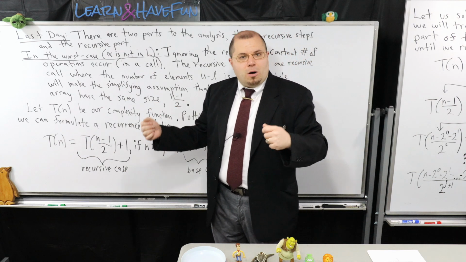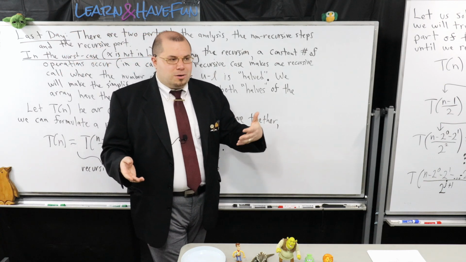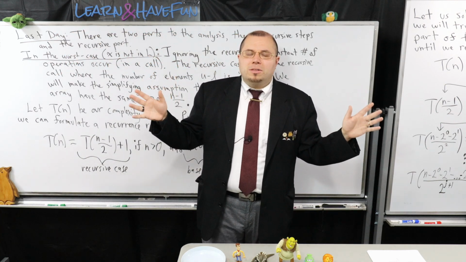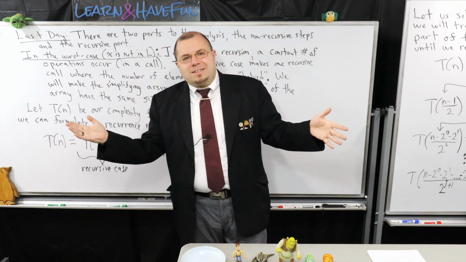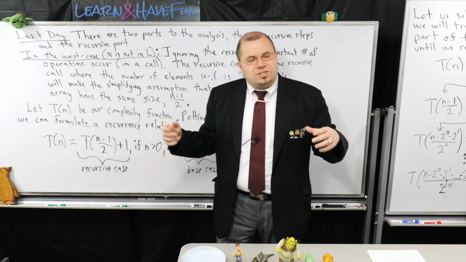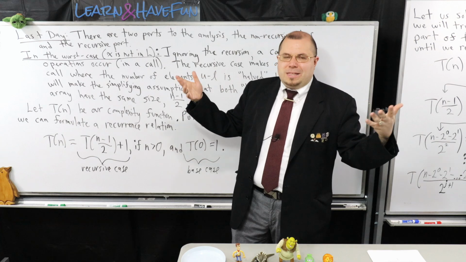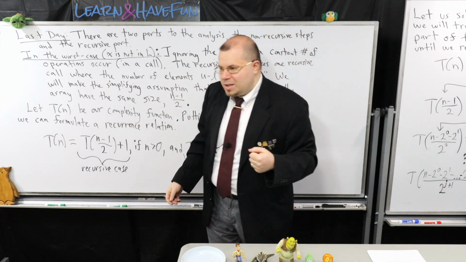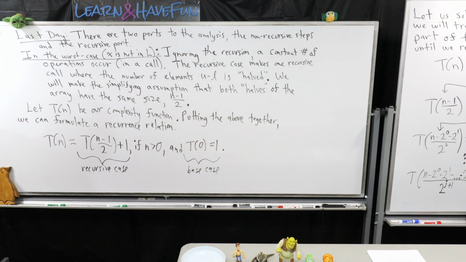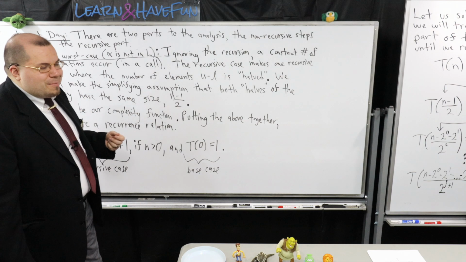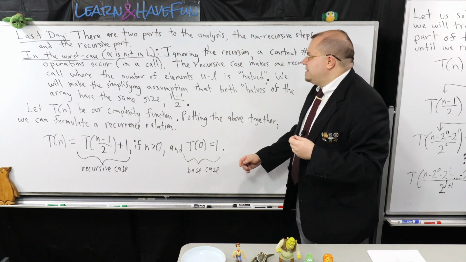In our example, it won't, but as we're going to see in some more examples, sometimes in the recursive case, when we count up all the non-recursive work, it's not going to be the same as the base case, because typically in the base case we're solving a very small version of the problem, and typically that will take constant time. Here it also happens to take constant time in the recursive case if I ignore the recursion, but that being said, it's not going to be like that always. I just want to give you a bit of a heads up on that.